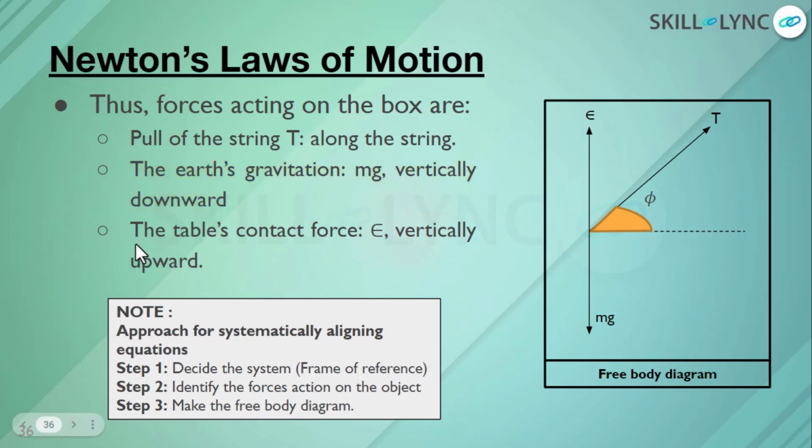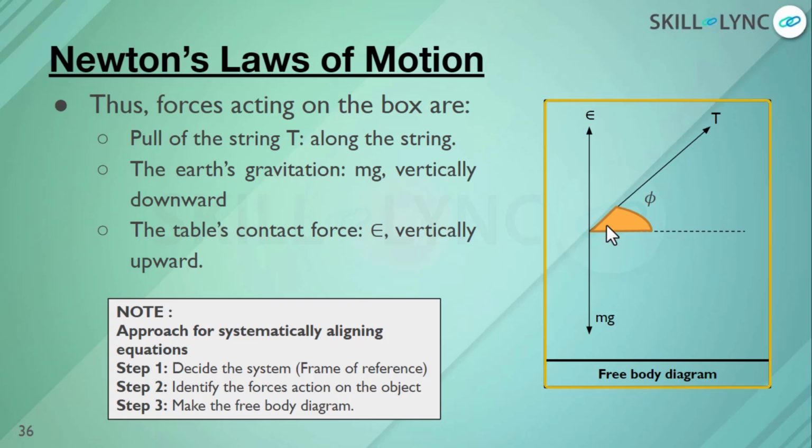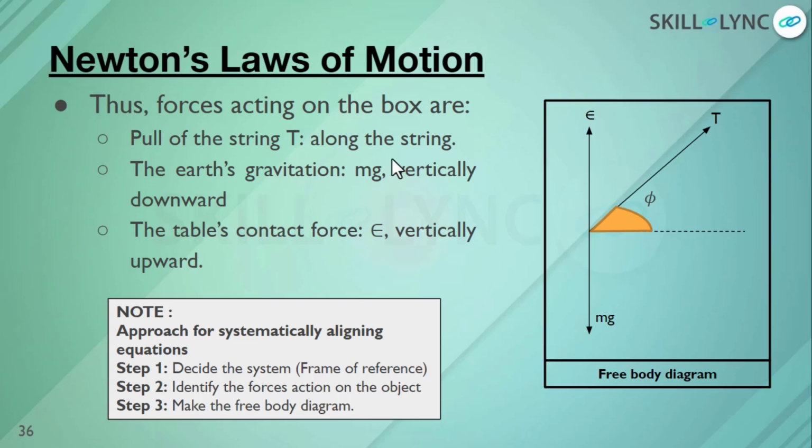The third force acting is the table's contact force. Suppose the contact force of the table is E, which acts vertically upward. So this is the free body diagram denoting all three forces with their directions.